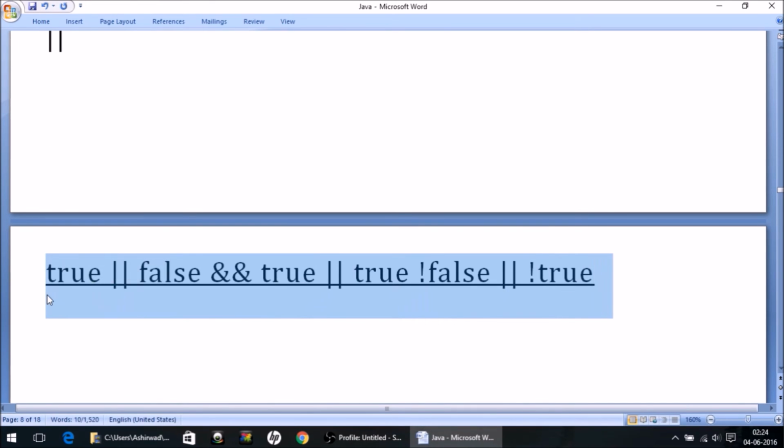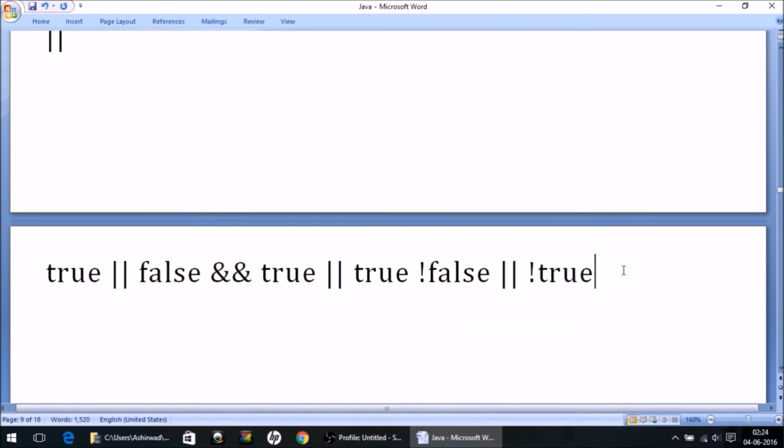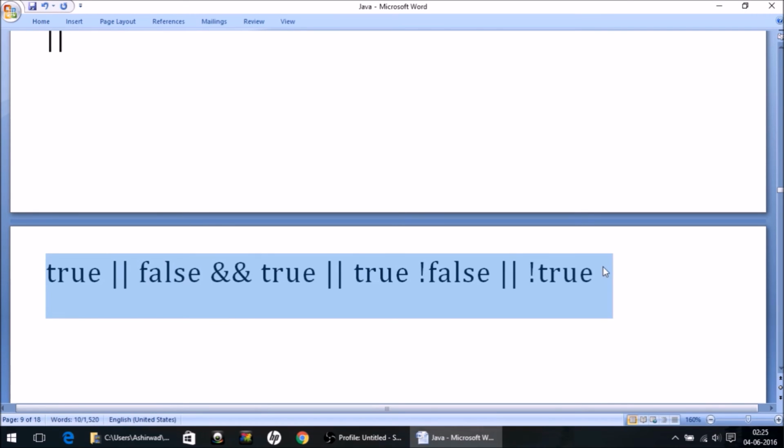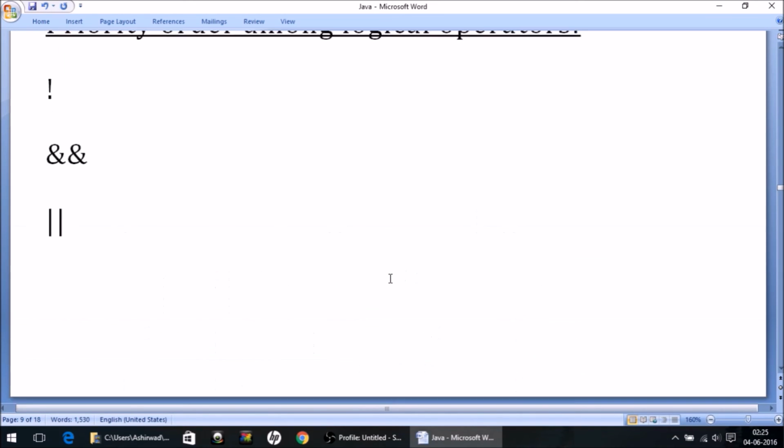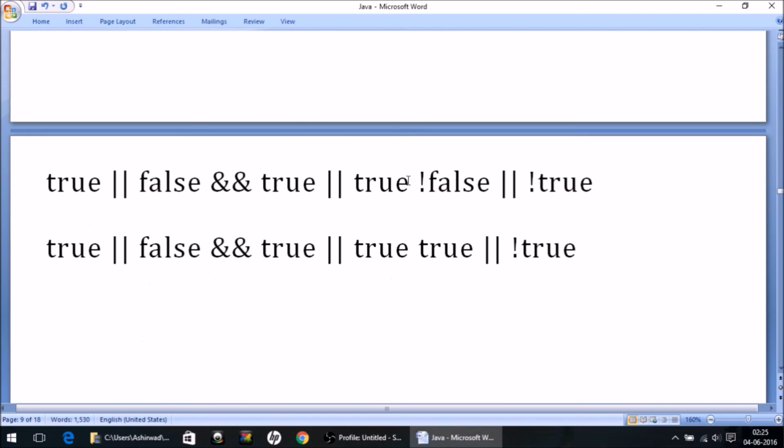So how do we solve this? First of all, we'll solve all the NOT operators. Let me write it here, and I will solve this and this first. The rest I'm keeping as it is. True or false and true or true, not false will become true. Let me make some correction here in the question.